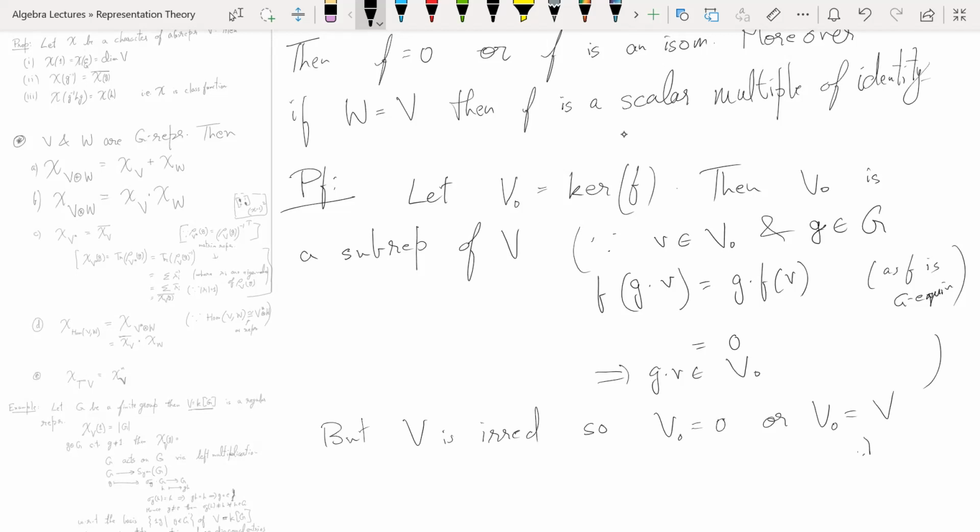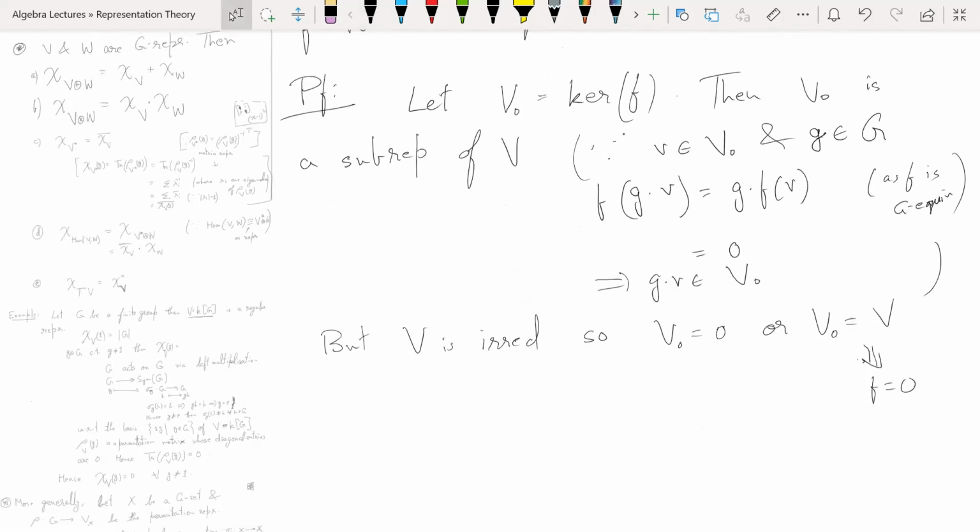So this implies f is 0. And if V0 is 0, then f is injective. So it's still not an isomorphism yet, but so far we have only used that V is irreducible.